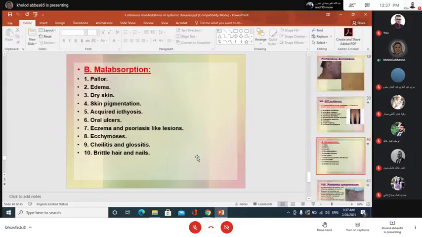Malabsorption problem can cause pallor, edema, dry skin, skin pigmentation, oral ulcer, eczema-like or psoriasis-like picture, ecchymosis, brittle hair and nails due to malabsorption.